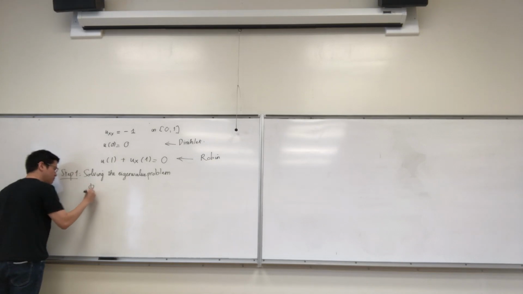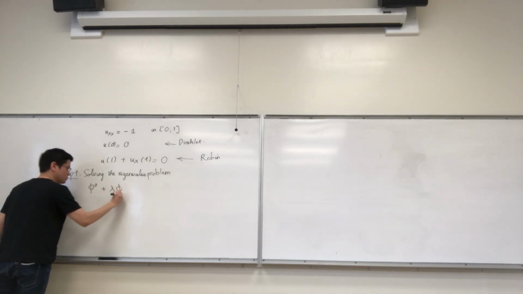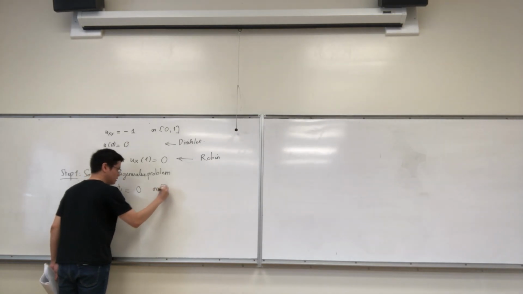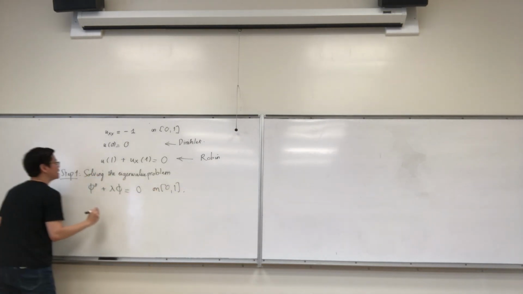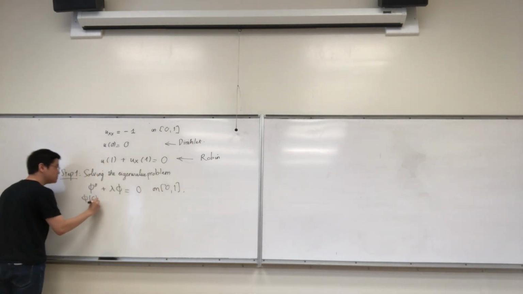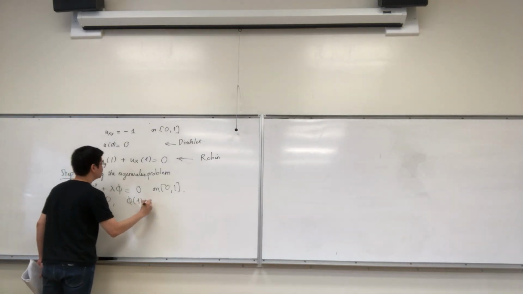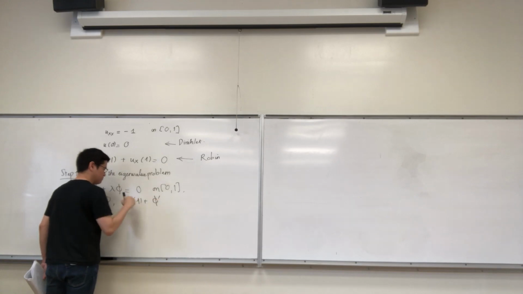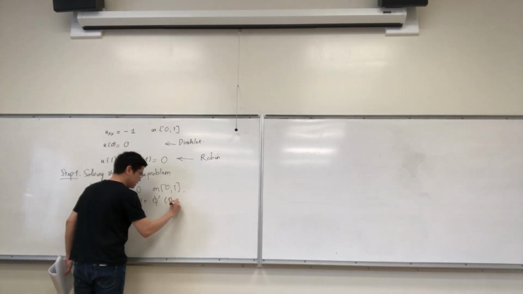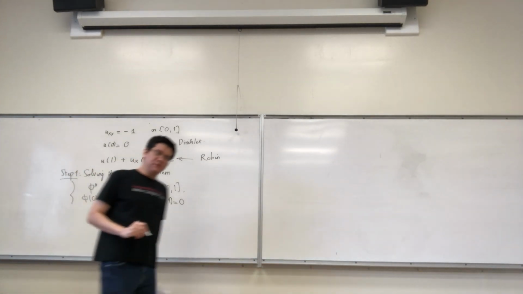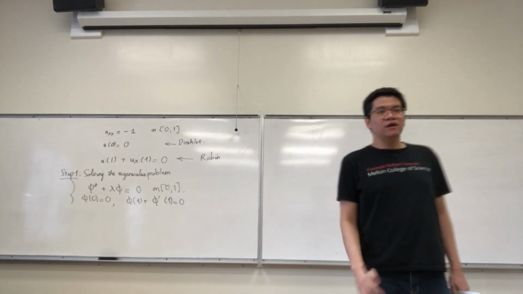The eigenvalue problem will be the same. You have this equal to 0 on 0 and 1, and you have the same boundary conditions: phi(0) is 0, and phi(1) plus phi prime(1) is 0. All right. So this is the eigenvalue problem that we were trying to solve.